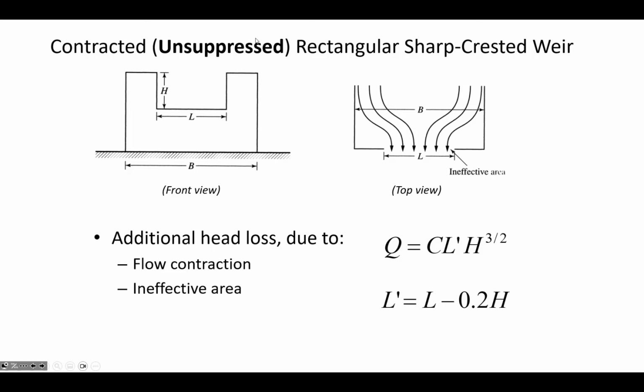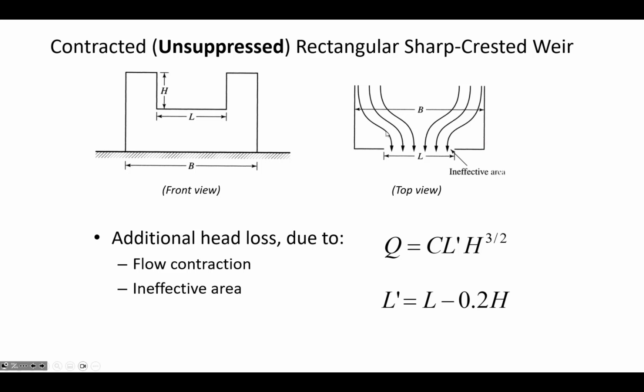So if you have a contracted rectangular unsuppressed sharp-crested weir, there are some edge effects as the water is beginning to approach the weir. If it's flowing through the channel you've got velocity the entire width of the channel, but then it's having to approach only part of the channel width has the weir, then the water's having to change directions right in front of that weir. So it's kind of showing this ineffective flow area around the edge.